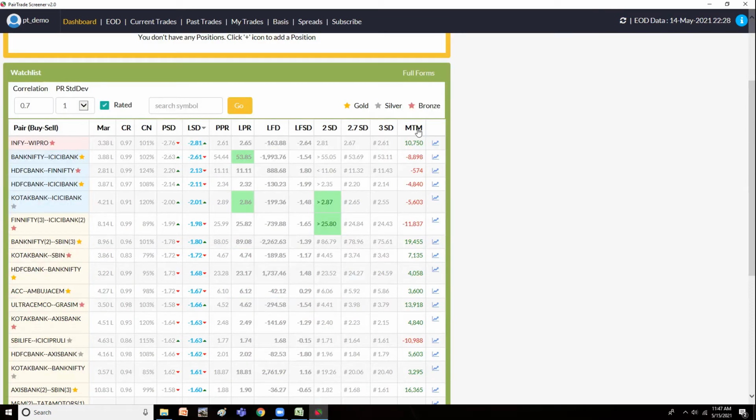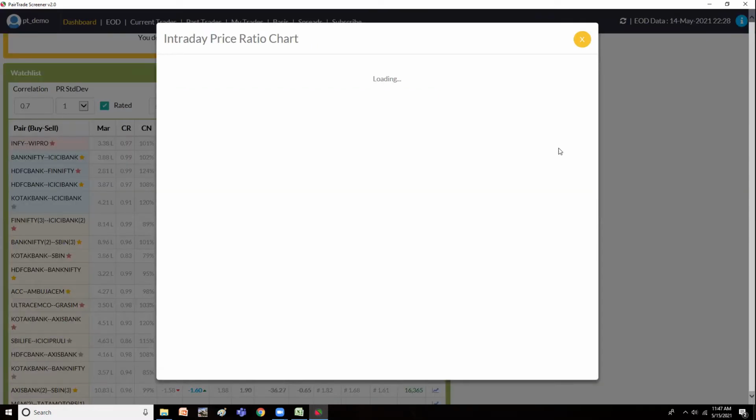The next column displays the M2M profit or loss from the previous day's closing. So it is like from Thursday to Friday, at that moment in the market hours, it will be displayed. So these values would be changing on every minute basis, because the page is refreshed every 1 minute. But you could track in market hours how the M2M has moved, how the price ratio has moved, how the Z-score has moved. So this displays the intraday price ratio chart.